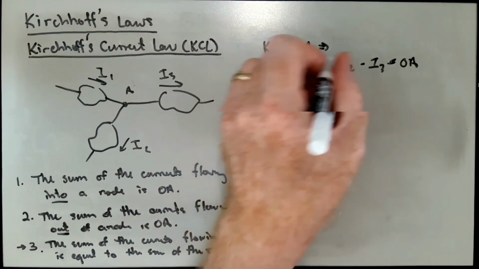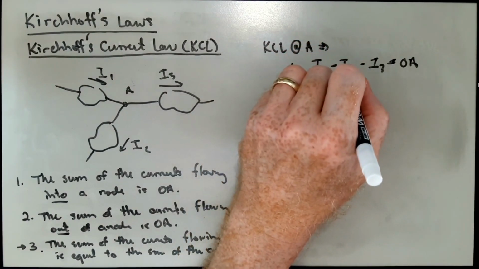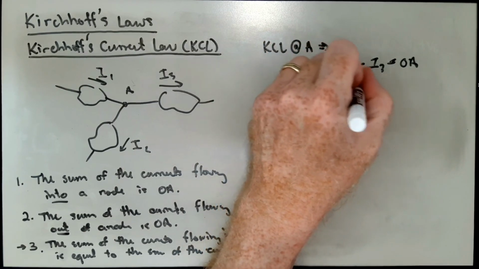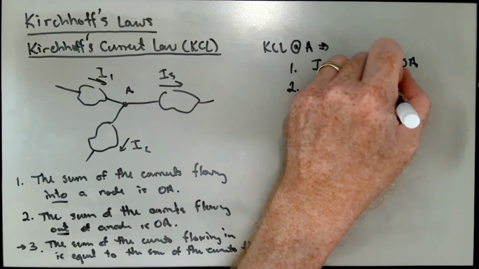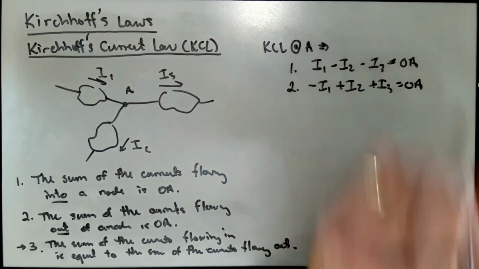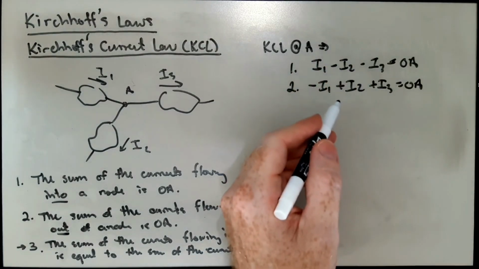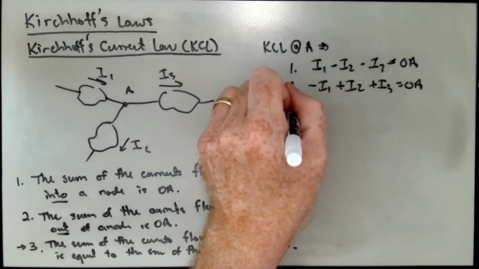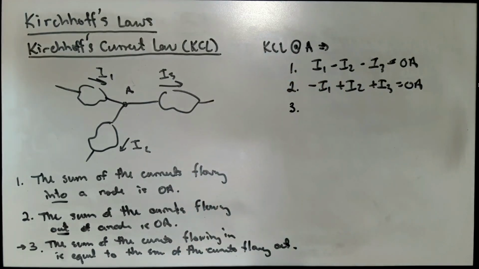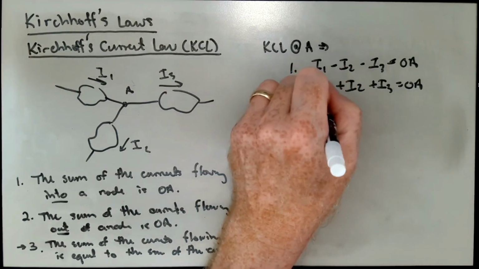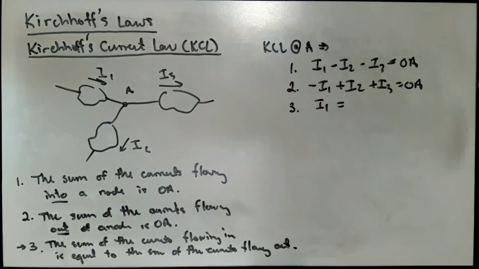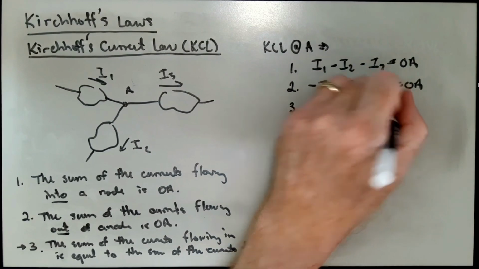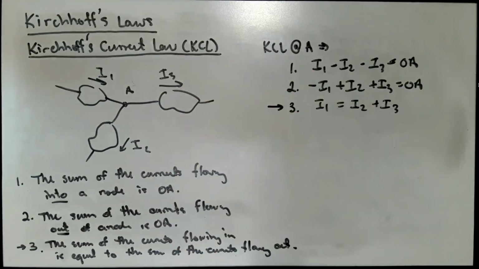Second way of formulating it would be currents flowing out, so we have minus I1 plus I2 plus I3 equals 0 amps. Okay, and again, these are the same equation, it's just a matter of transposing everything to the other side and flipping all the signs. And of course, the third way of doing it would be to say, well, the current flowing in is I1, and that's equal to the sum of the currents flowing out, I2 plus I3. And again, this is my preferred way of doing it.